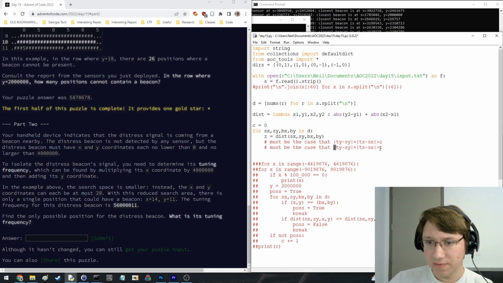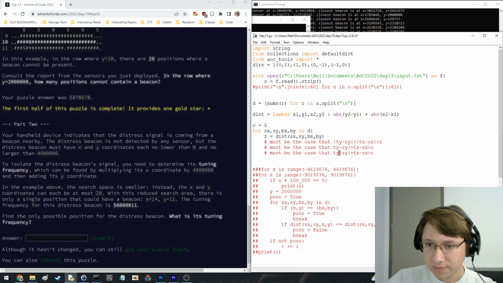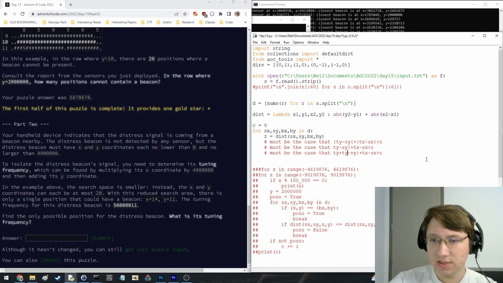There's a few cases here. One is these are both like this, and this tells us that the target x plus the target y is greater than sx plus sy plus z.